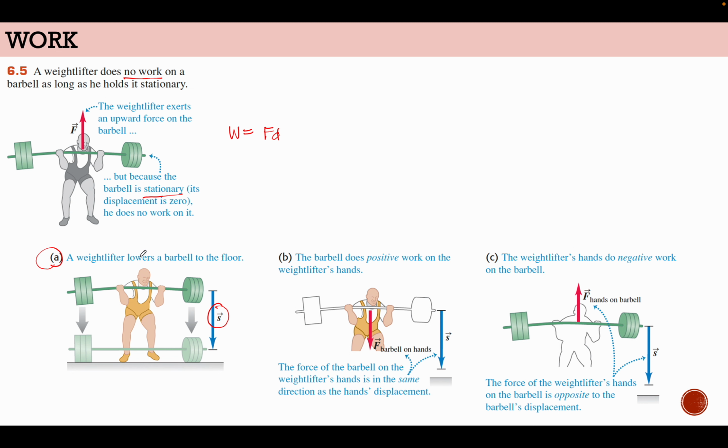As long as there is a displacement and you're exerting a force on the object while the object is having a change in position, there will be work done on the object.